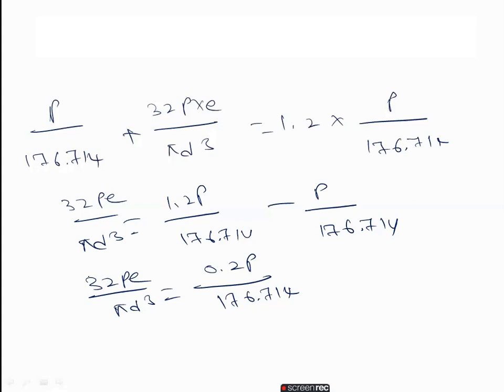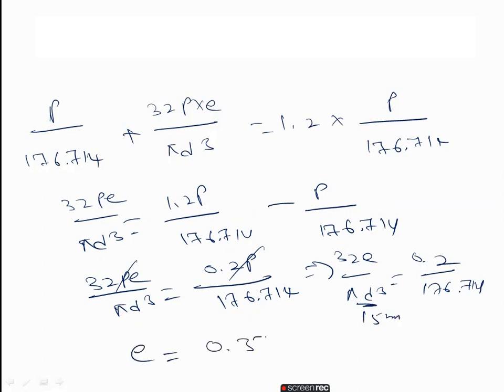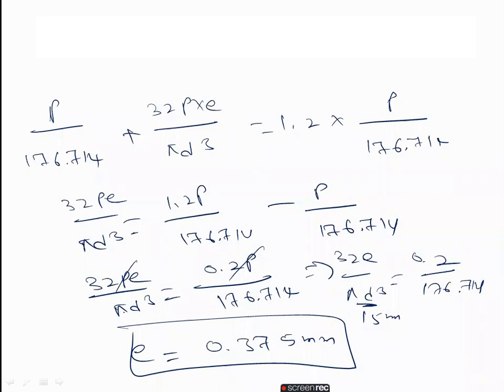Then take P on both sides and cancel it. So here 32 E by pi D cube equal to 0.2 by 176.714. The D value we know is 15 mm. So if you substitute here, finally you will get the E value as 0.375 mm. This is the calculation of the eccentricity.